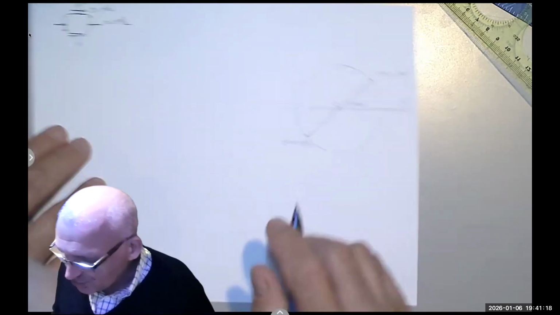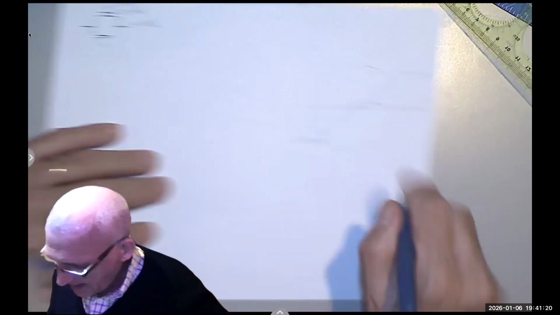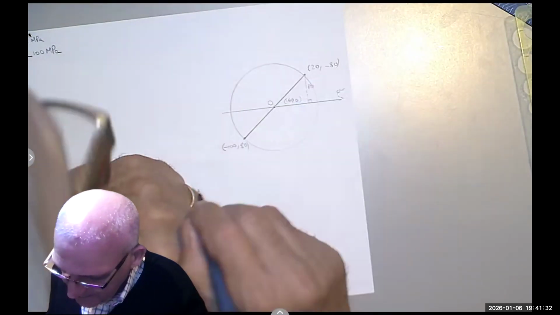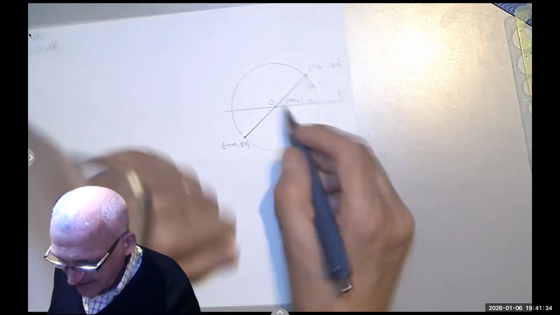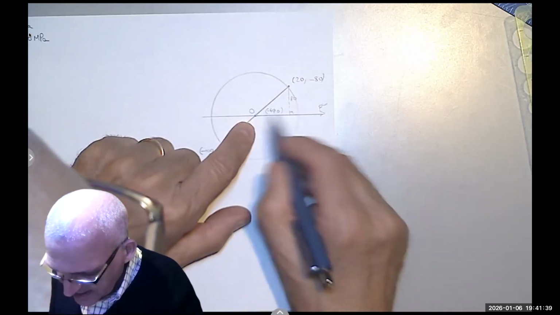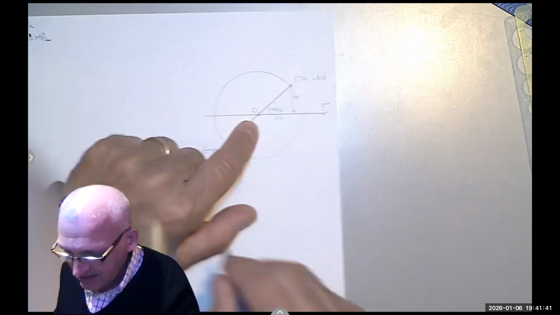Okay, so now to find the radius, I can drop a line perpendicular from here to find a right triangle and use the Pythagorean theorem. This is 80. And if this x-axis is negative 40 and this is positive 20, they are 60 apart. So this is 60.